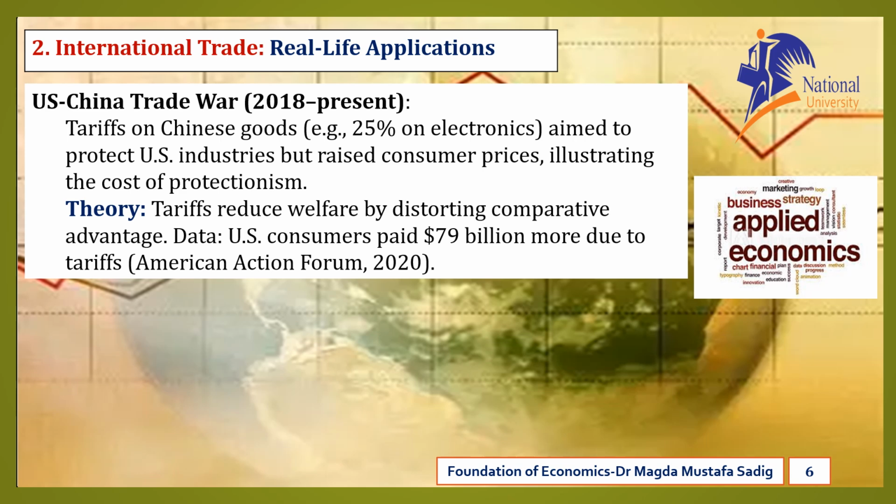The US-China trade war is a modern case study that reminds us how trade barriers can have broad economic consequences, affecting not just countries but millions of households and firms worldwide.